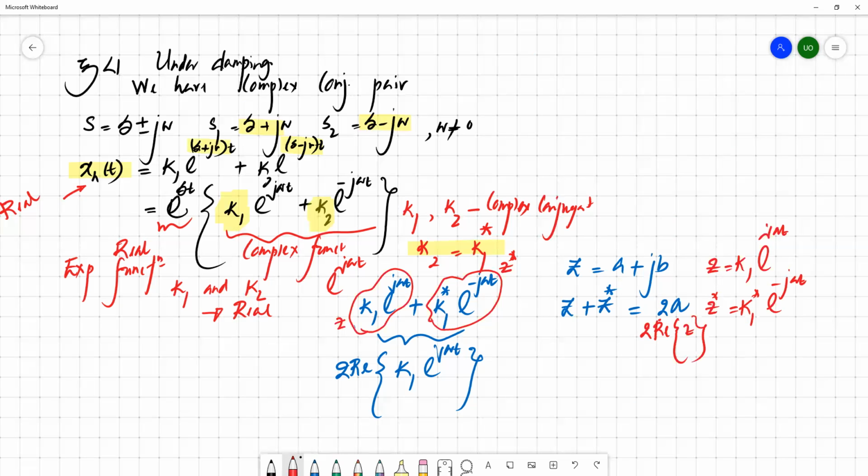So if you sum a complex number and its conjugate, you end up with 2 times the real part of the complex number. Now this becomes a real quantity.